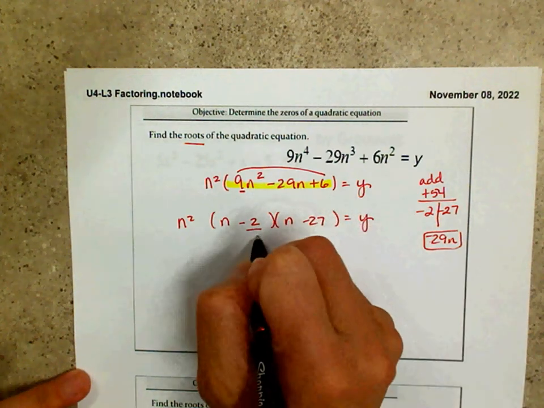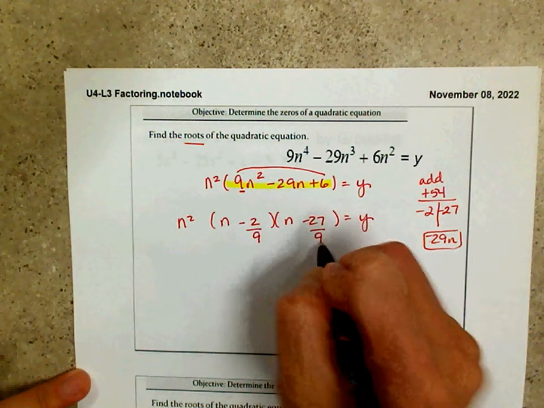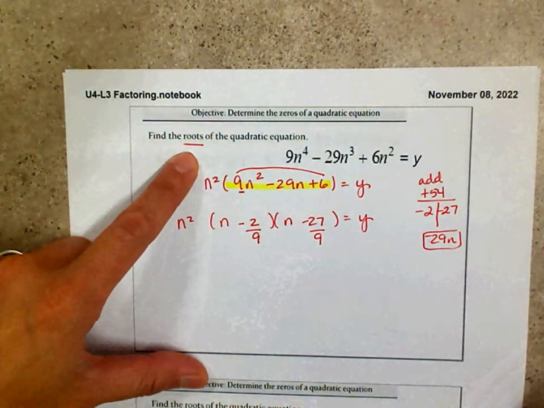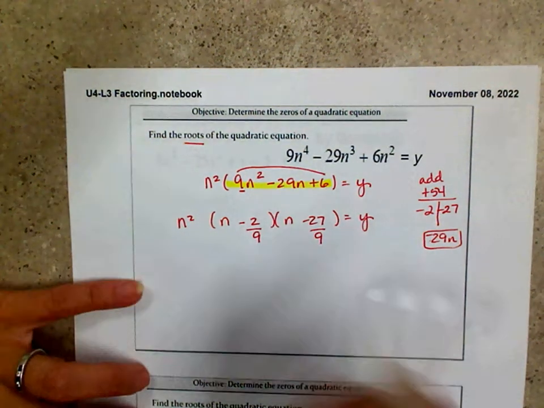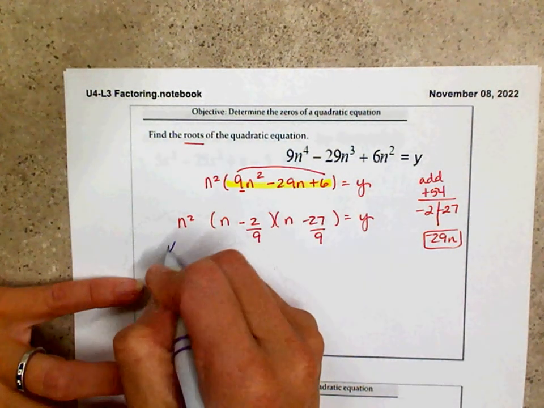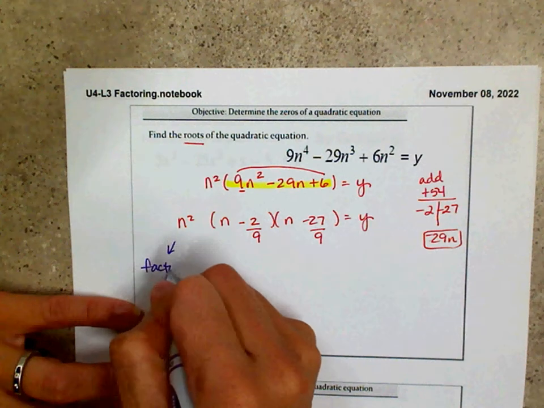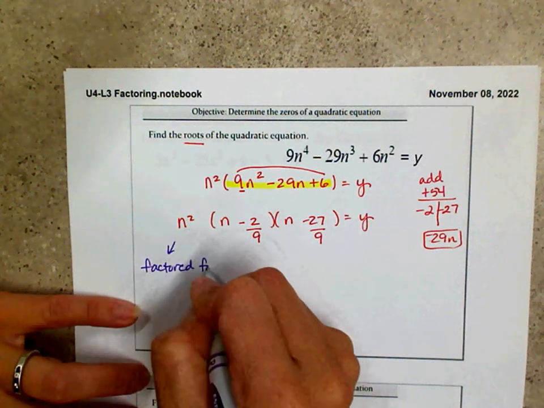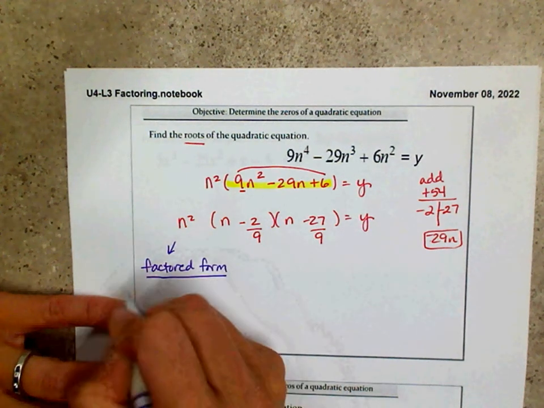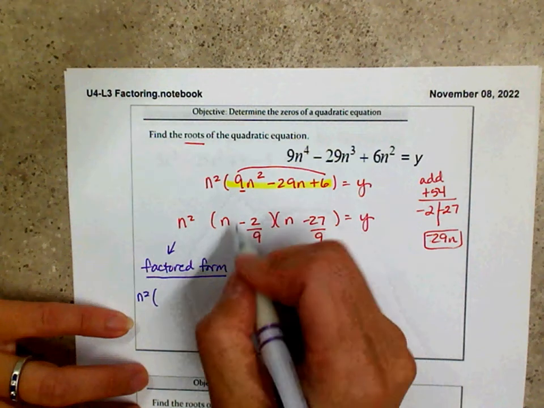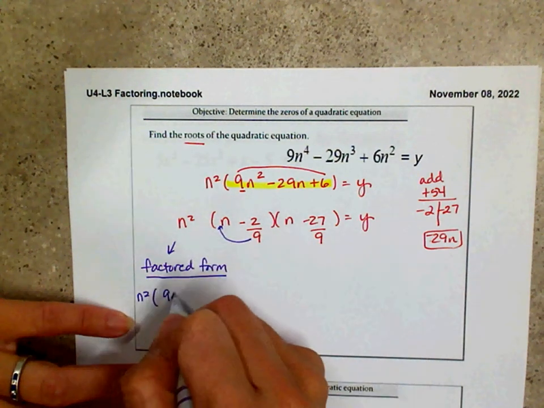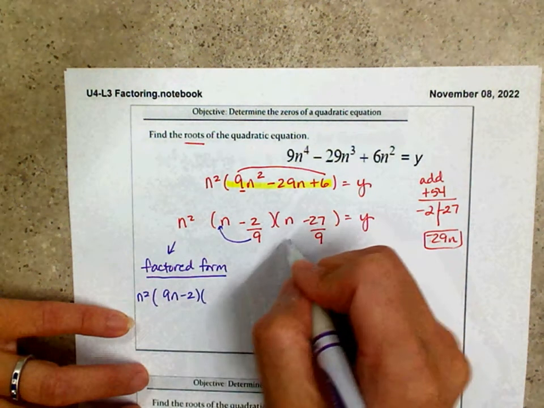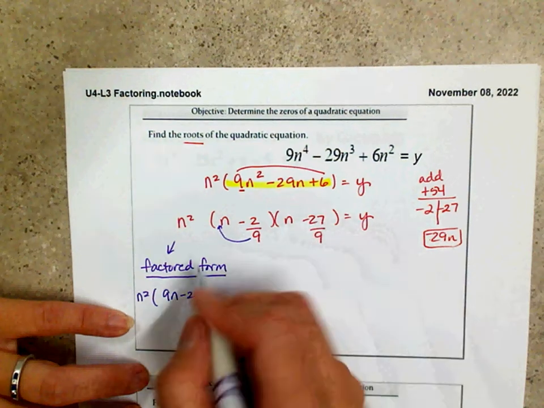Now, read what it says. I'm finding the roots. Okay? So I'm going to go ahead and do it in factor form, just so you guys see. Here's my factored form. n squared, negative 2 divided by 9, bottoms up, 9n minus 2. Negative 27 divided by 9 is negative 3, n minus 3.